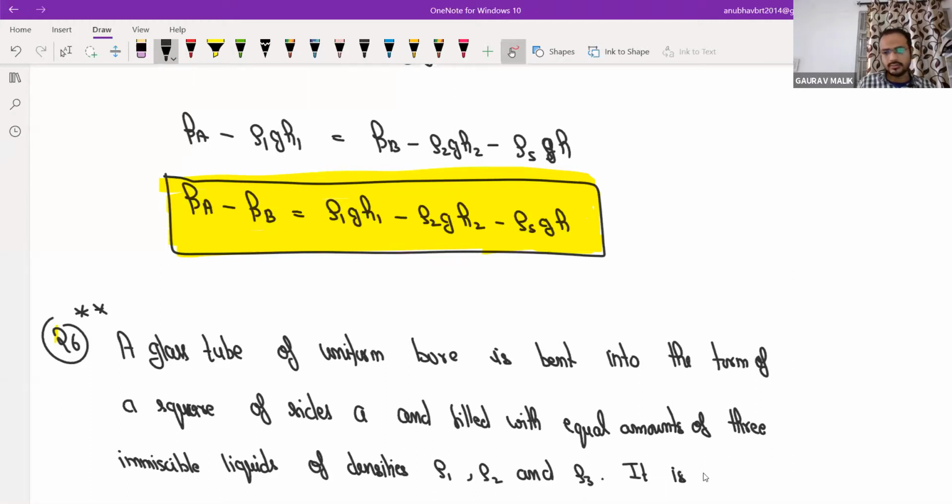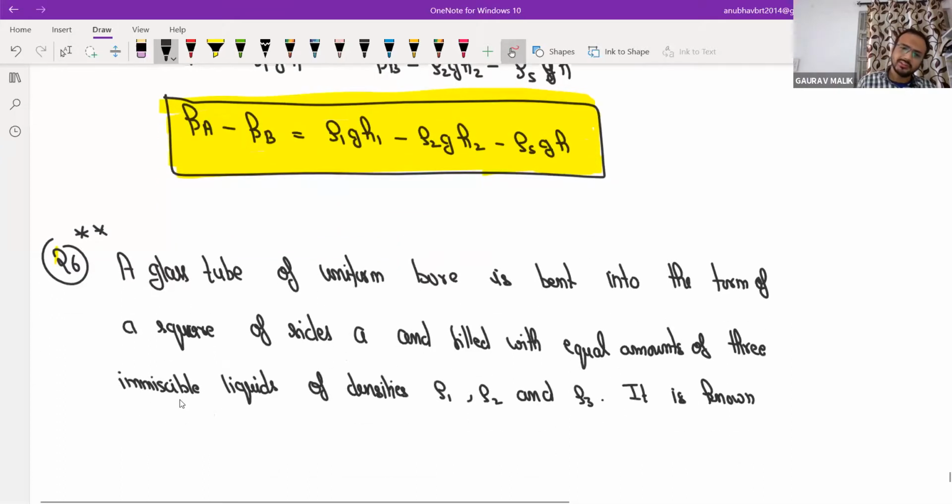and it is known that rho 1 is less than rho 2 is less than rho 3.